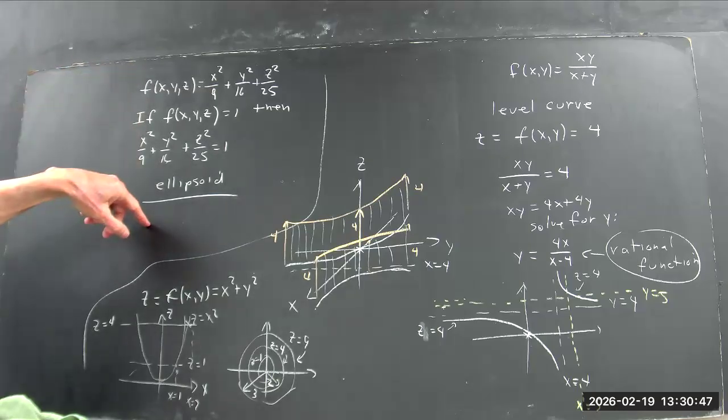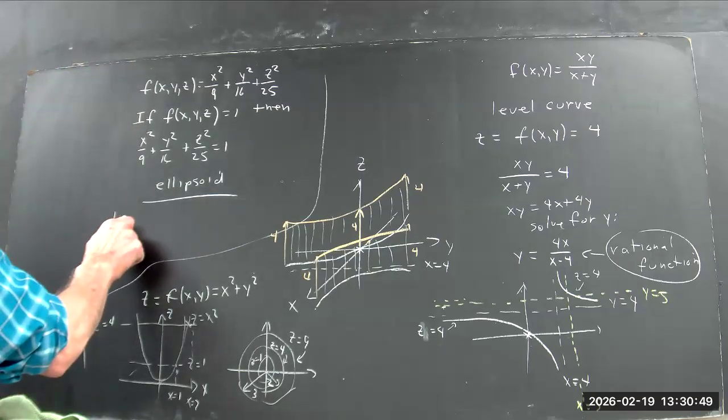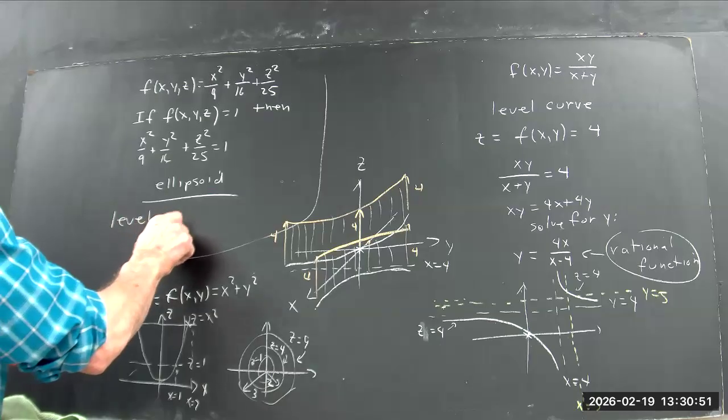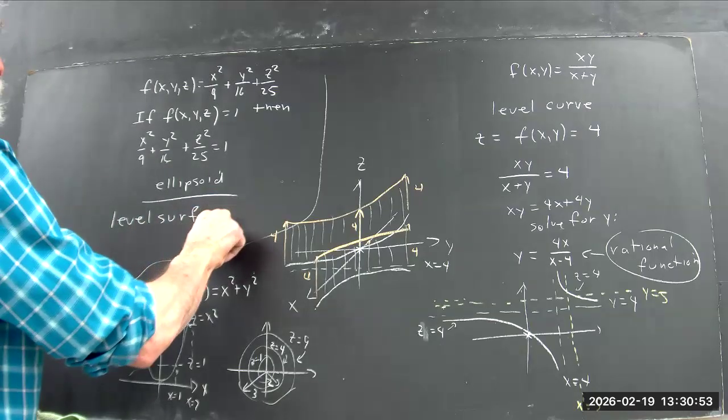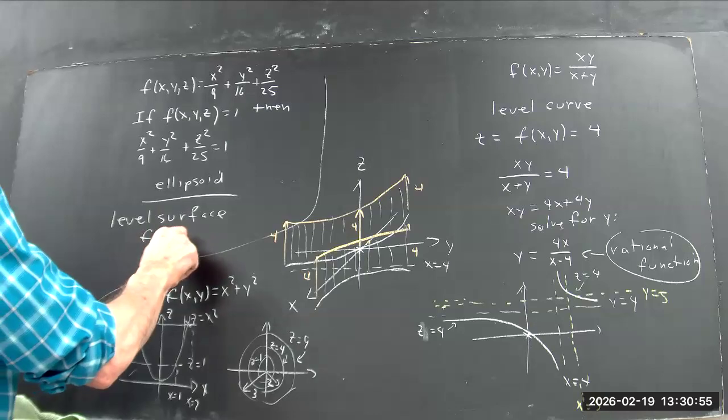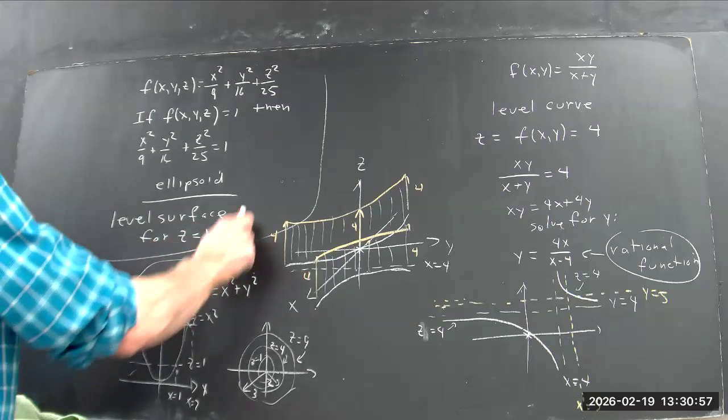Okay, so this is a level surface for f of x, y, z equals 1.